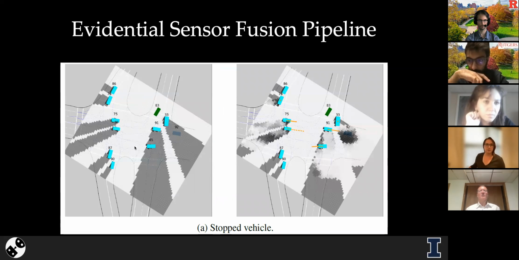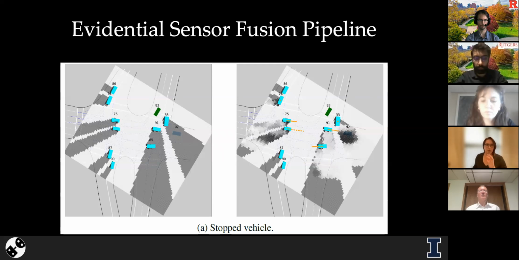It has a number of observed agents that it can see that are causing occlusions, but will also give us some information here. And we can fuse everything together, merge all this information and handle some of the conflicting information to start filling in some of these gaps a little bit more.